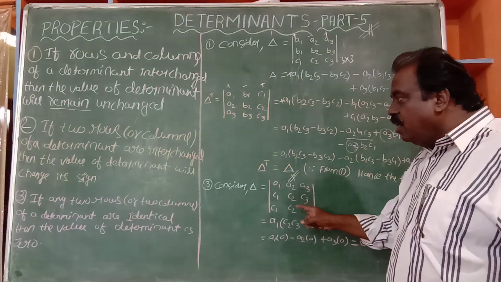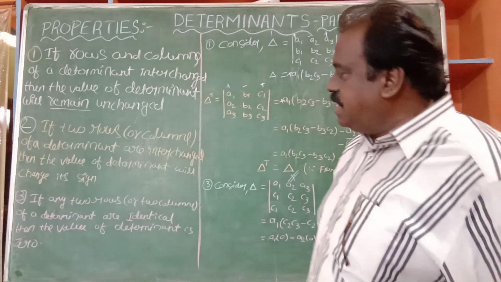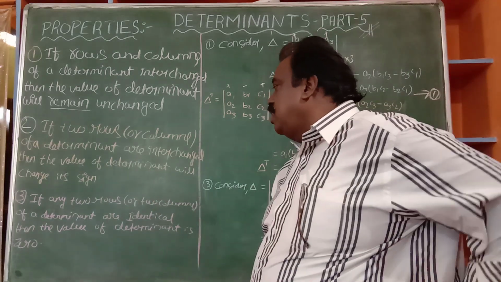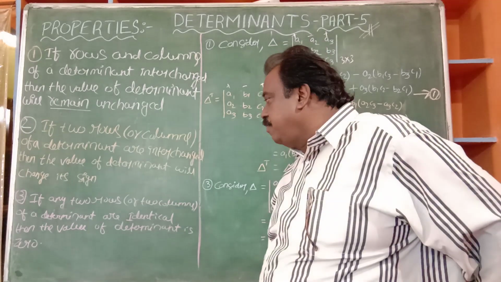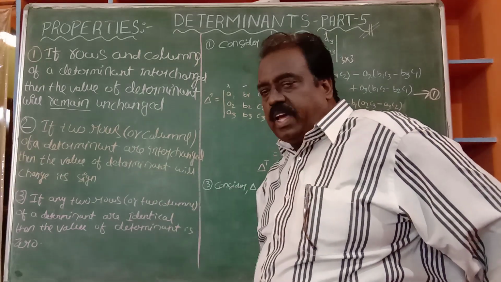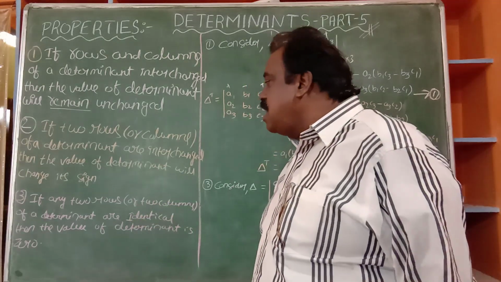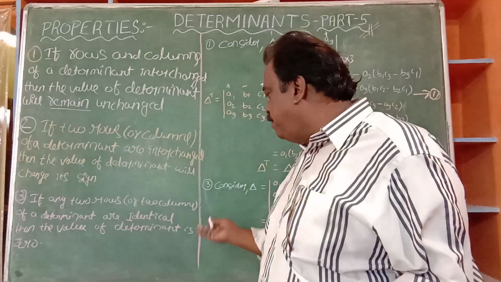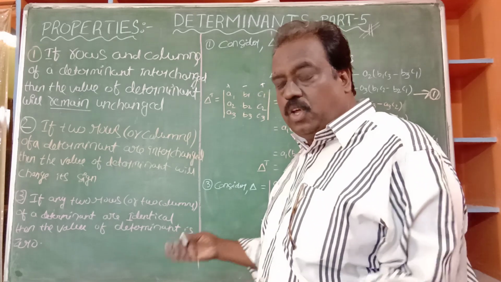Consider, what is the third property? If any two rows, first you take any two rows, or any two columns of the determinant are identical, then the value of the determinant will be 0.